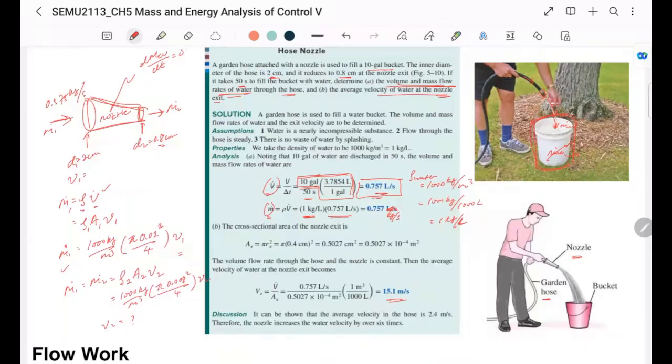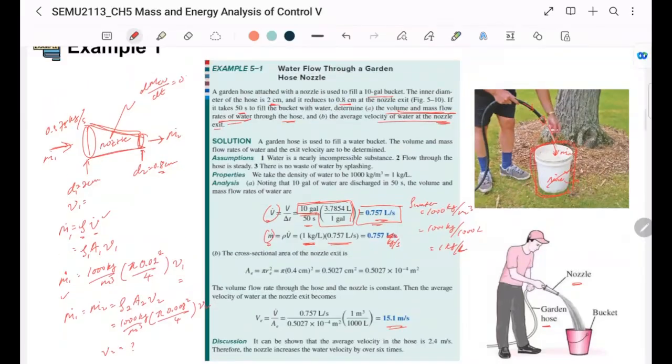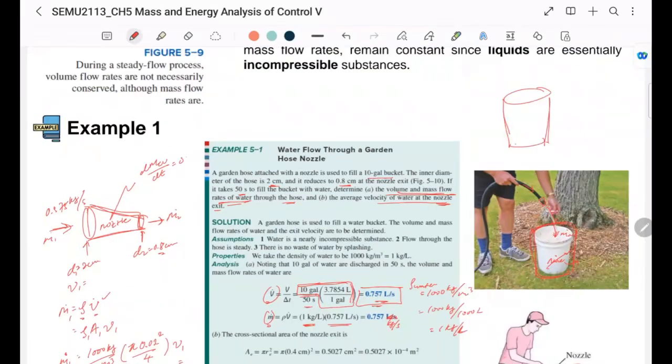If we are looking at the bucket itself, there is M1 mass in, mass out equal to 0. So mass in minus mass out equal to dm cv over dt.